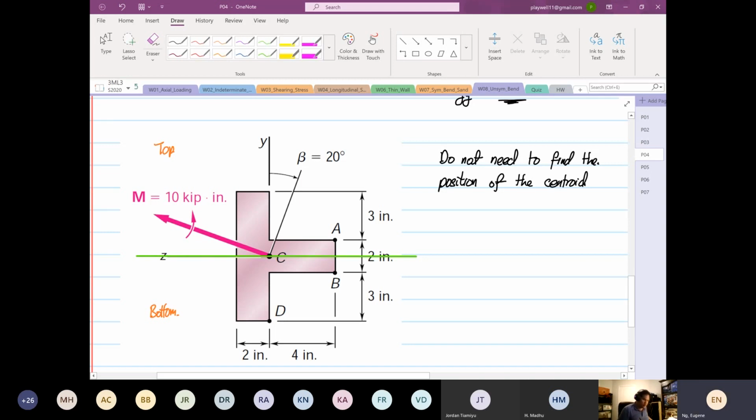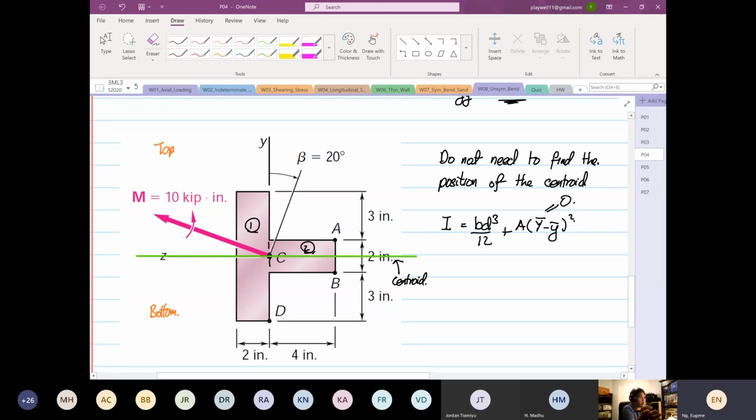Okay? So now, if you look at the formula, I is equal to BD cubed over 12 plus A times (Y bar minus small y bar) squared, right? So this green line over here, which is our centroid, for both section 1 and 2, this term will be equal to 0.